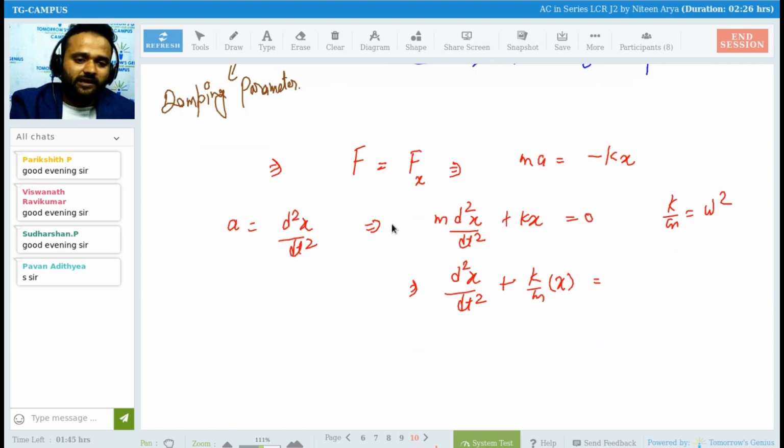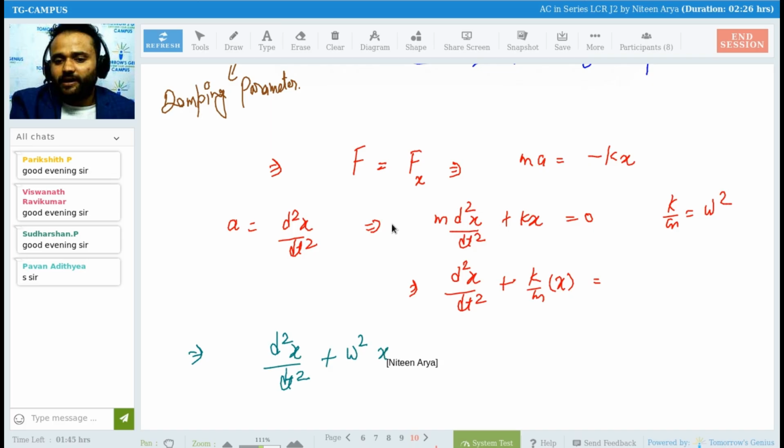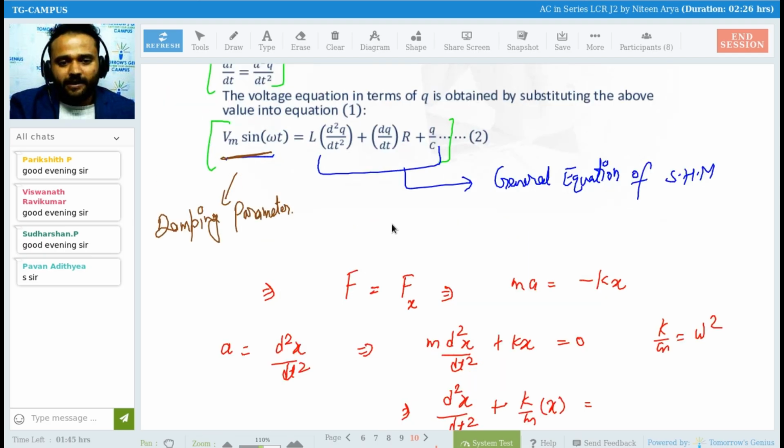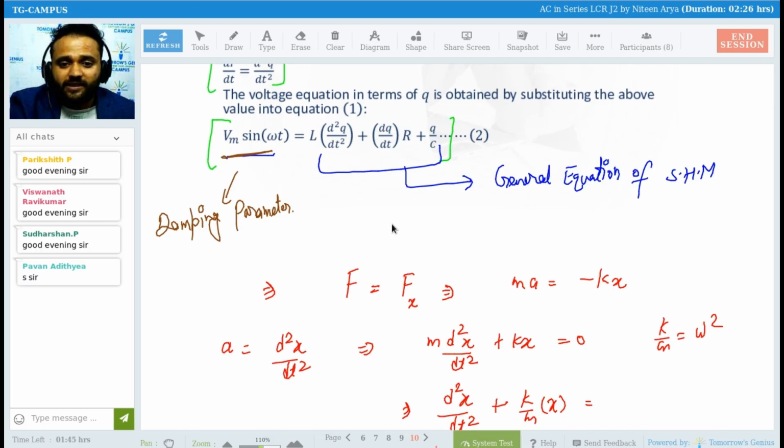So this is my general equation for SHM: d square x upon dt square plus omega square x equals 0. If I apply a force, this is my forcing parameter, and this dq by dt term is the damping parameter. Is this clear?